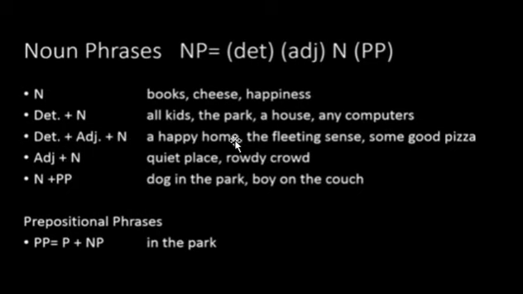A happy home. A happy home is determiner, a; adjective, happy; noun, home. A happy home is a noun phrase, okay? Because you follow the rule. You follow the rule, and you don't have any problem with that.